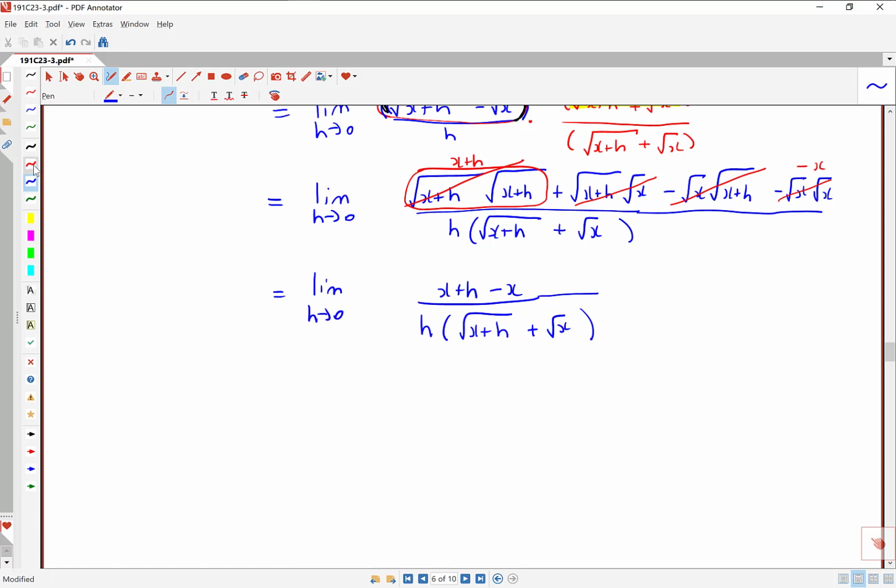Okay, so what's going to happen on top here, x's are going to cancel, and then I think just to avoid doing too much in one step, I'll do this in the next step, but you can probably see that the h's are going to cancel as well.